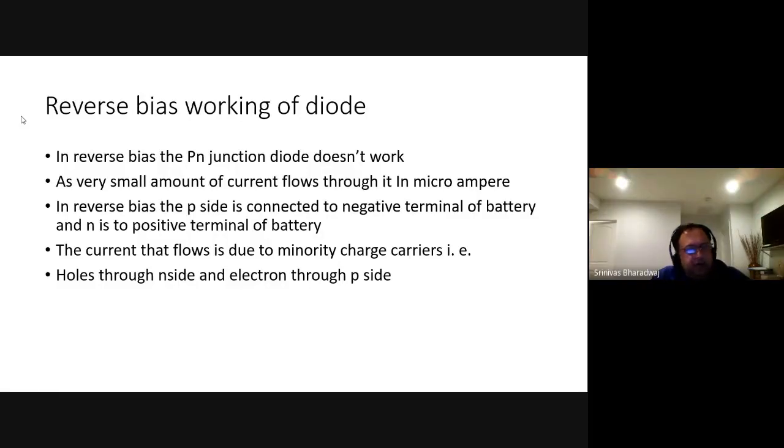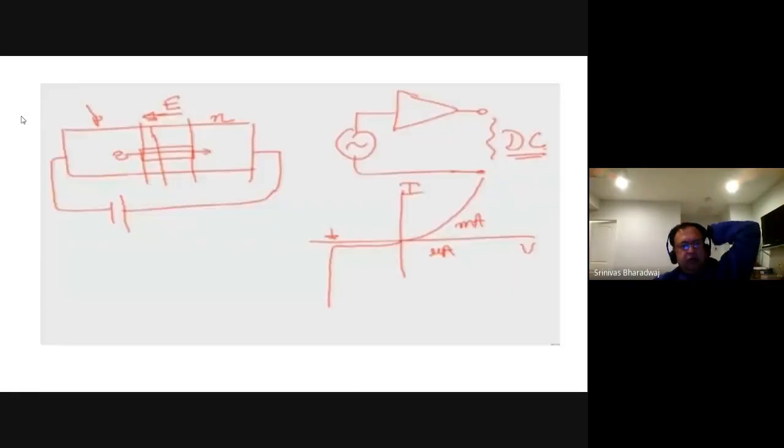Normally in an n side, you will have electrons, but there will be a few very, very small impurities. They are what are called minority charge carriers. Those impurities will cause a little bit of flow, but if you made a perfect diode, you wouldn't get anything.